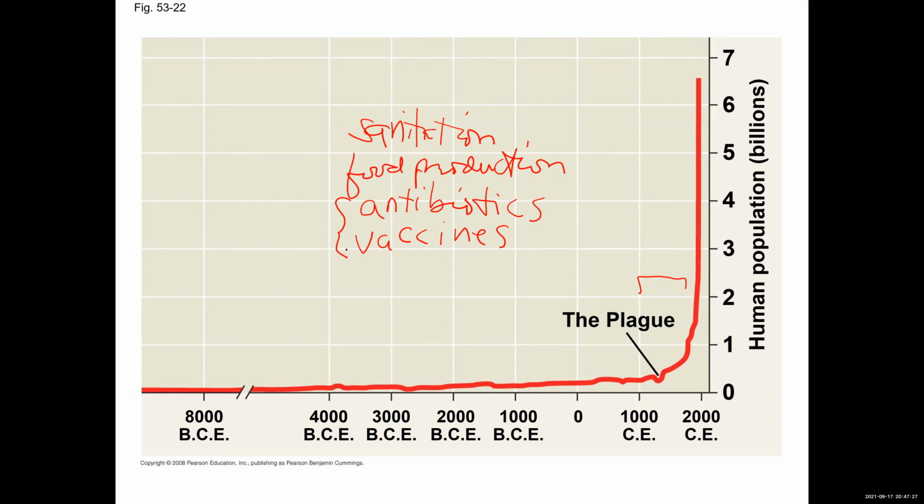All right, so these are more recent. The sanitation and food production were increasing through the 1700s and 1800s until the 1900s. So we really start to have antibiotics and vaccines. And we see that the population growth rate of the human population took off dramatically at that point. Now, these things are all good.